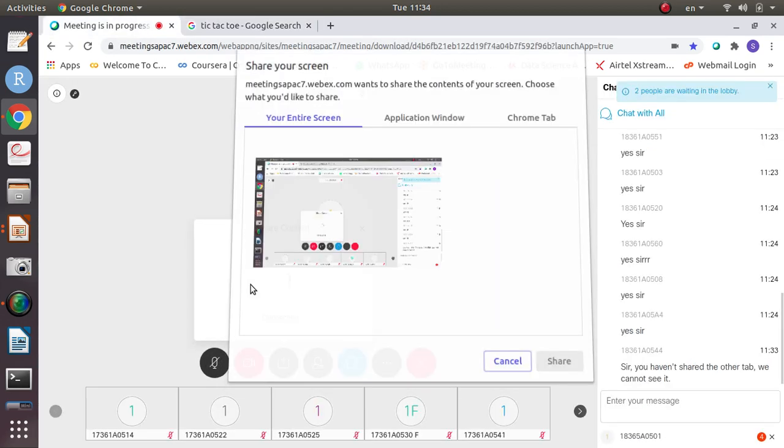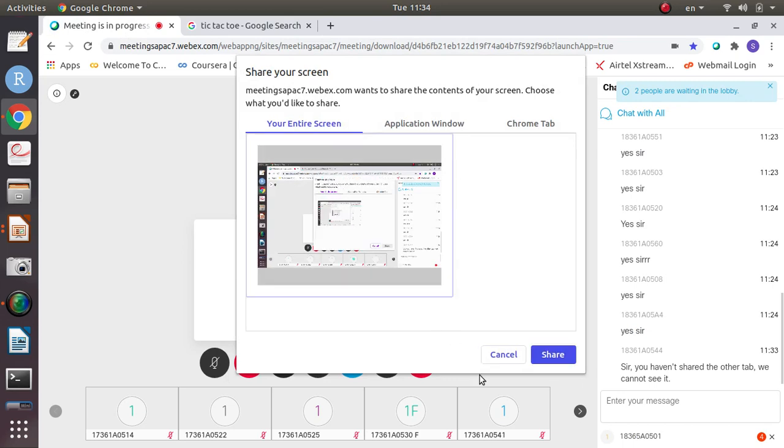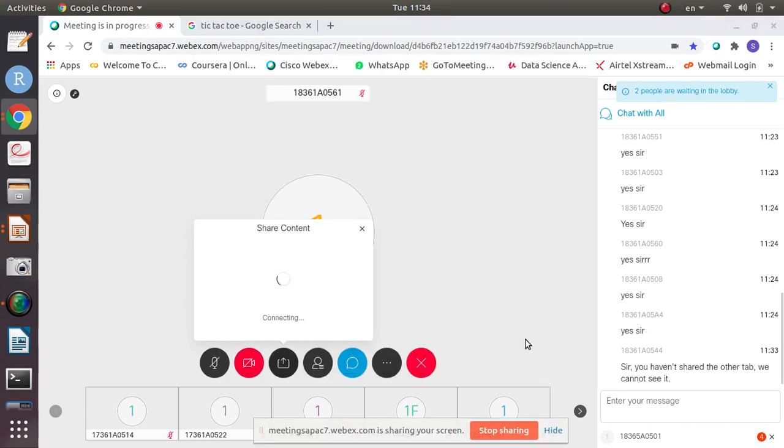So I am sorry, instead of sharing the whole screen, I just shared only a particular app.